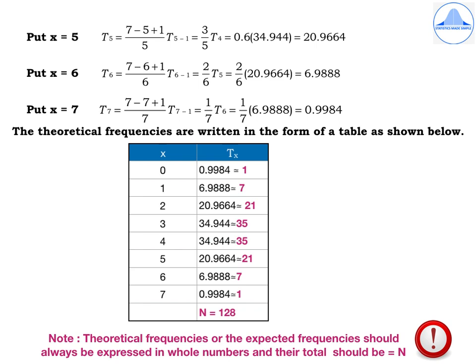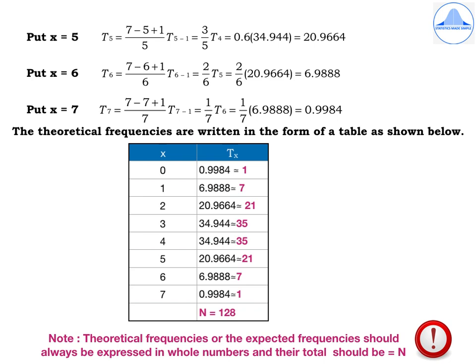In a similar manner, put x equal to 6, which will give us T6 equal to 6.9888. And when x is equal to 7, T7 is equal to 0.9984. Now that we have obtained all the theoretical frequencies or the expected frequencies, we have to write them in the form of a table.